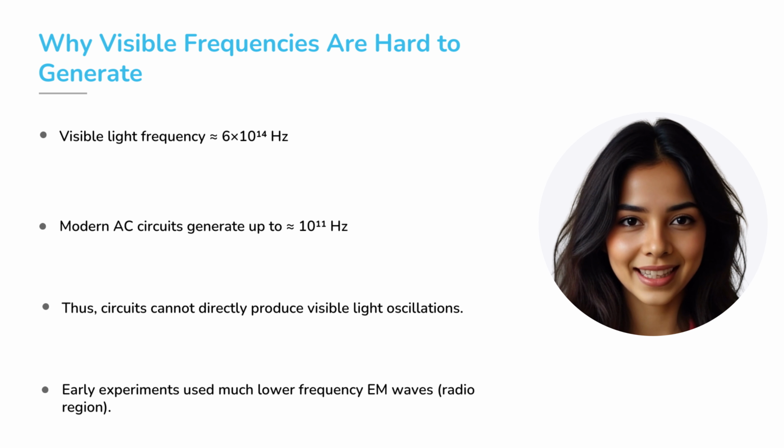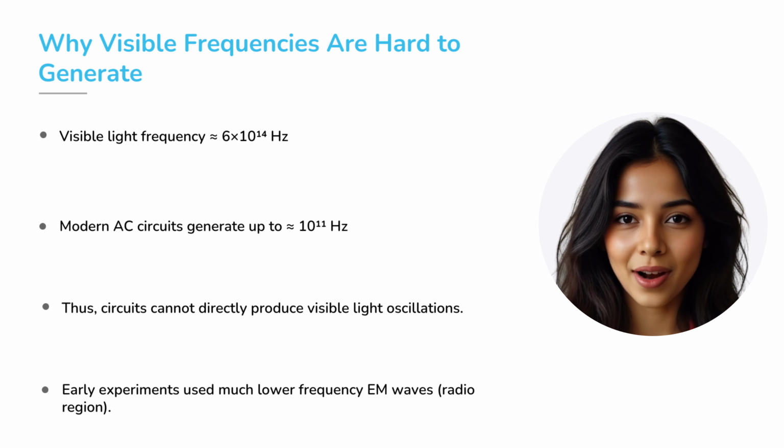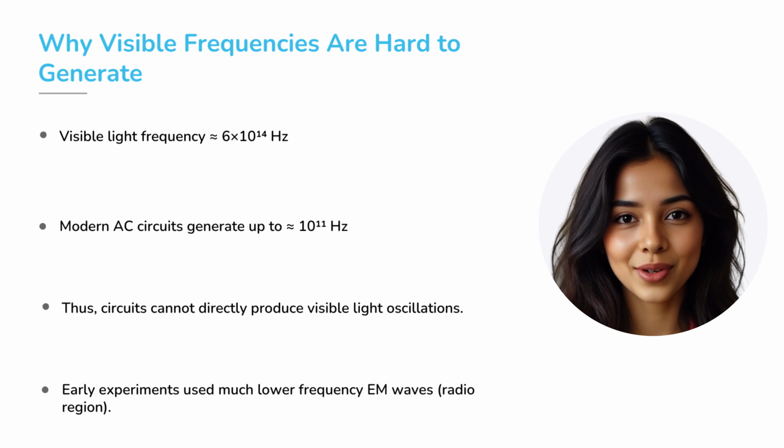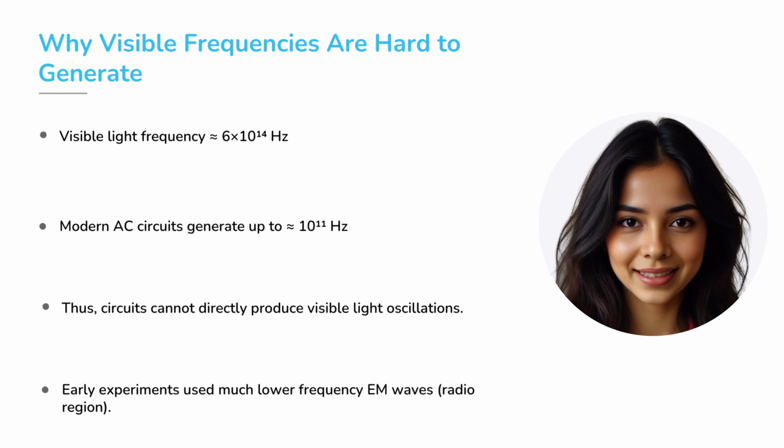Now you might be thinking, easy, let's just build a circuit where charges oscillate as fast as visible light, problem solved. But here's the catch. The frequency of yellow light is about 6 times 10 to the power 14 Hertz. Our modern AC circuits barely reach 10 to the power 11 Hertz, and that's already with cutting-edge electronics.